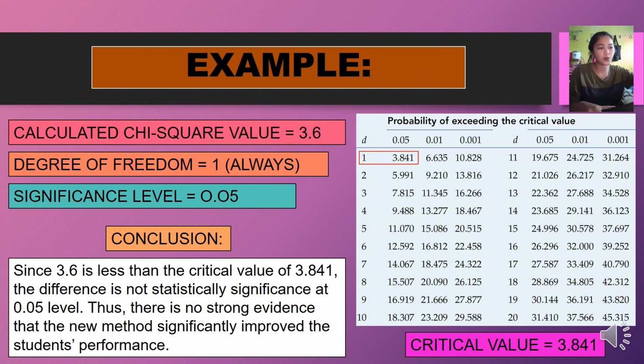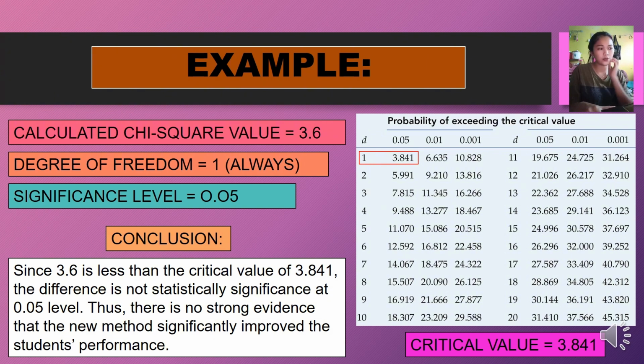We have 0.05, which comes first. So our degree of freedom is 1 and our significance level is 0.05, aligned with 3.841. This is our critical value.